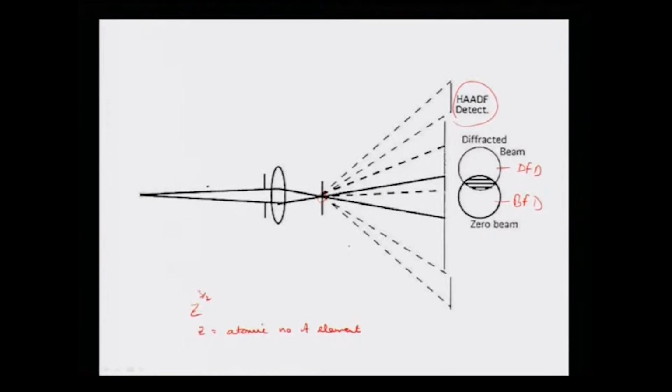Now, one of the advantages of this high angle annular detector is to obtain Z contrast images, but it has its own limitations also. The sample has to be properly oriented, and in many cases we found that the signals depend on the sample thickness.